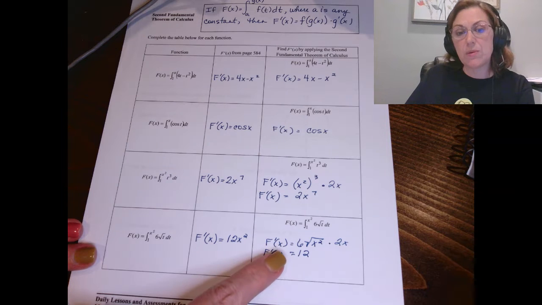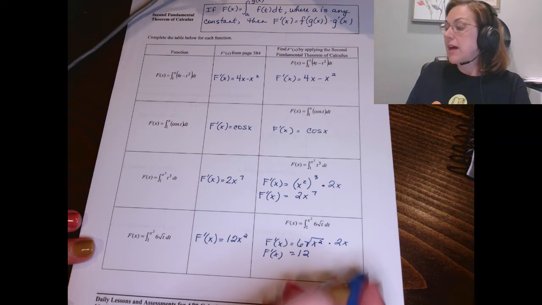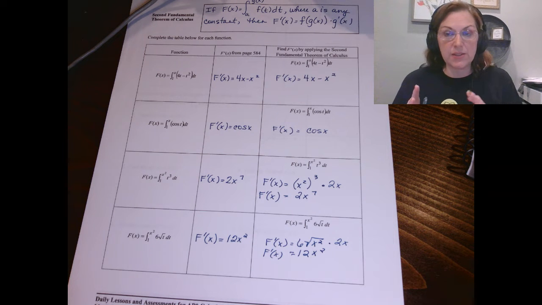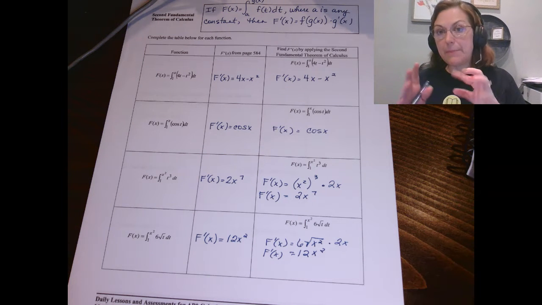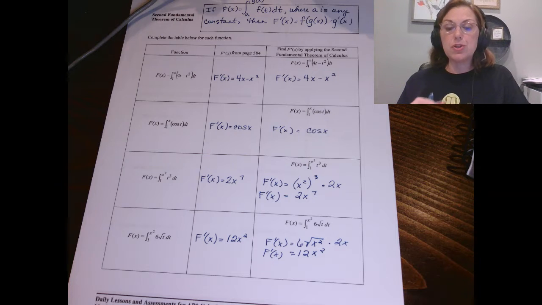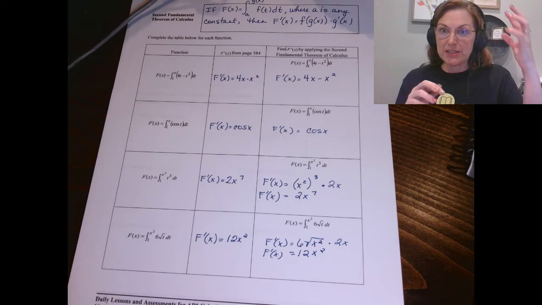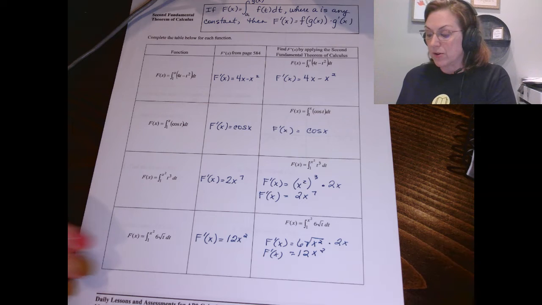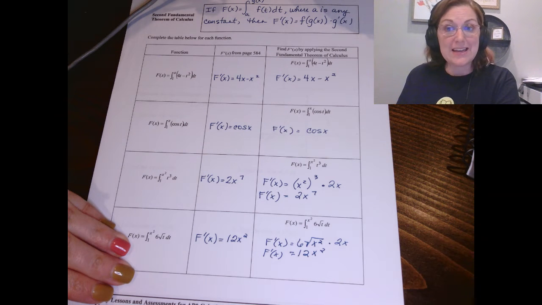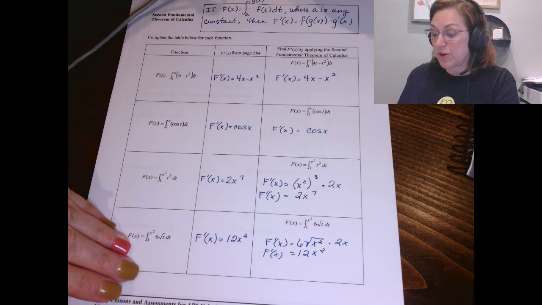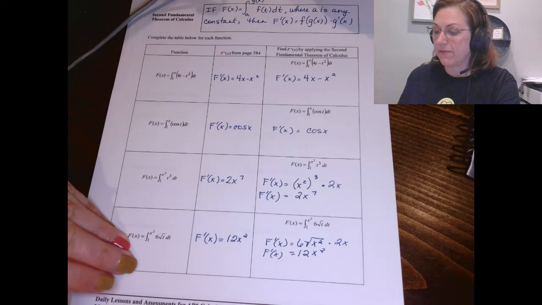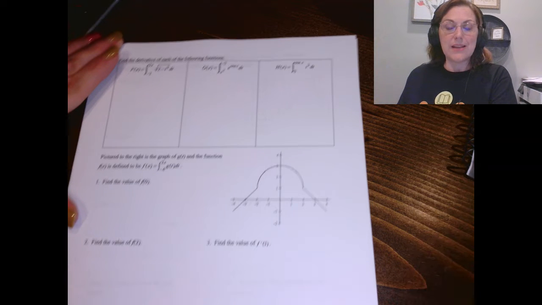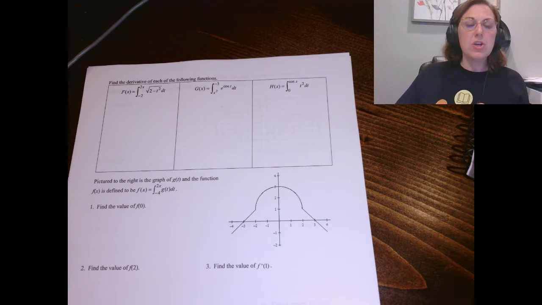Then I get the square root of x squared, which is x, times x gives me the x squared. And that's how the second fundamental theorem really impacts, because it allows you to do all of that just by substituting in the bound, whether you actually can take the antiderivative or not. Because what we're going to find is that sometimes we have to deal with functions where we cannot find the antiderivative.